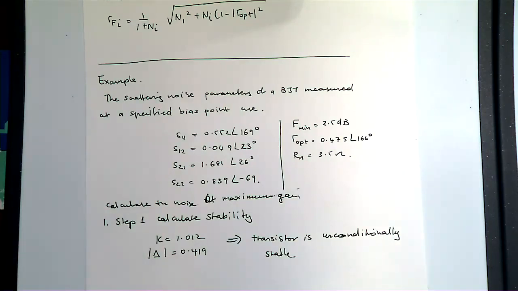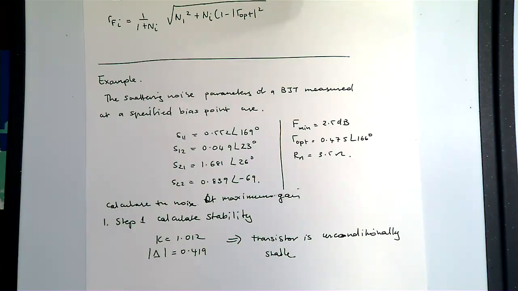Remember when we were working out the gains of power amplifiers, one of the things that we did was we started off by doing some more simple analysis, which was, let's do this unilateral approximation and see what happens in terms of determining the gain of the overall system, right? And then working out what the optimal source and load impedance is in order to be able to achieve that maximum gain, right?